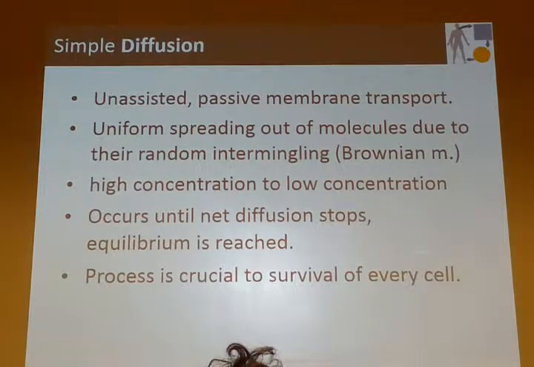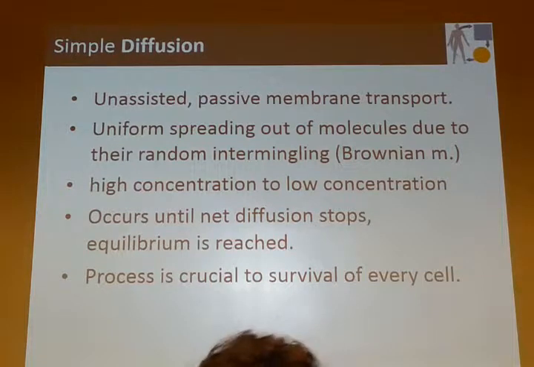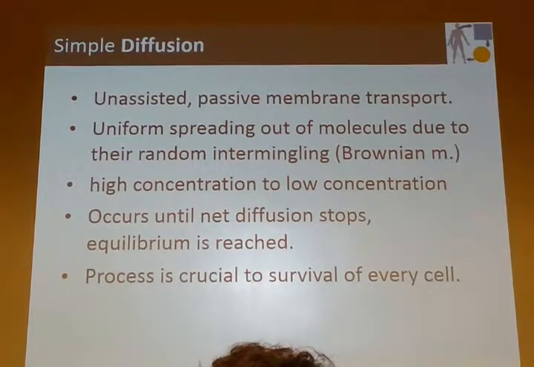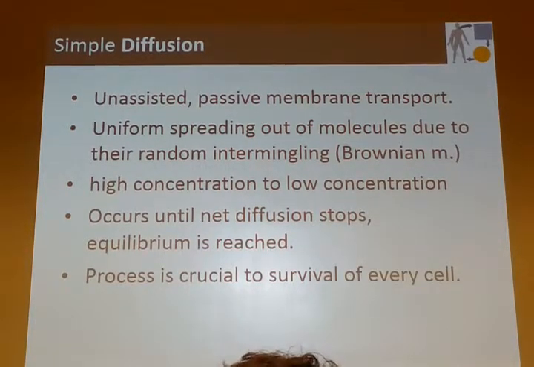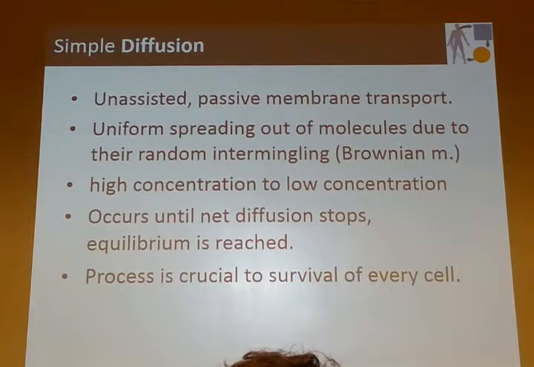Every cell in our body is relying on concentration gradients to survive. It's not going to survive if the concentration gradient goes to equilibrium. No cell in your body is going to survive that.